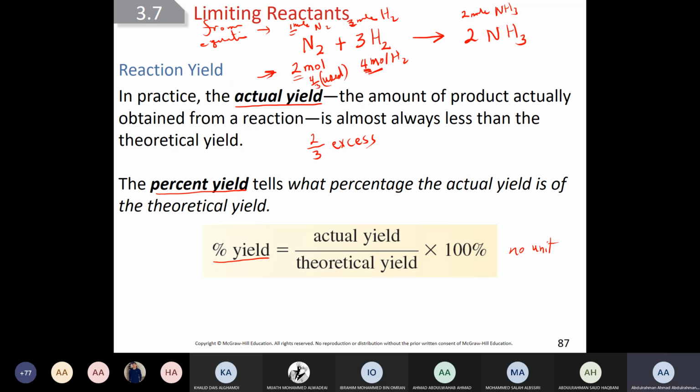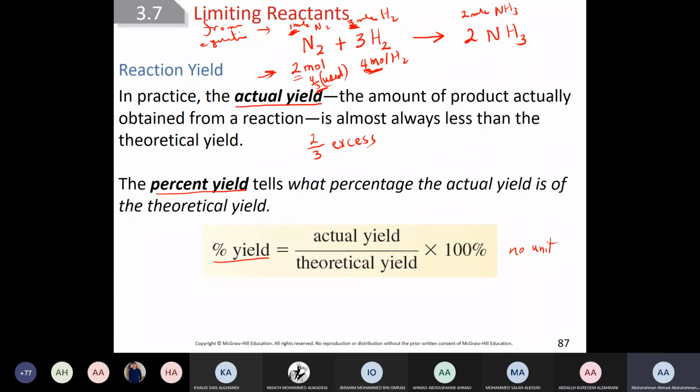I need 1/3 of it, which is 4 over 3. Why? Because from the equation, 3 needs 1, so 4 needs 4 over 3. Is this clear? By cross multiplication, exactly.